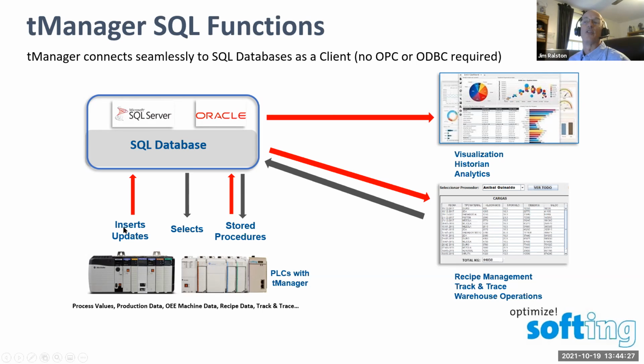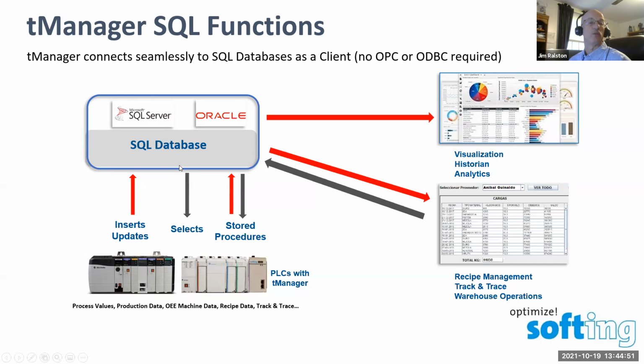So the first is inserts, which is writing information to a database table, and that would be a means to do data collection, for production or quality information, or to serve visual dashboards like Power BI, which is very popular, for example, with Microsoft.